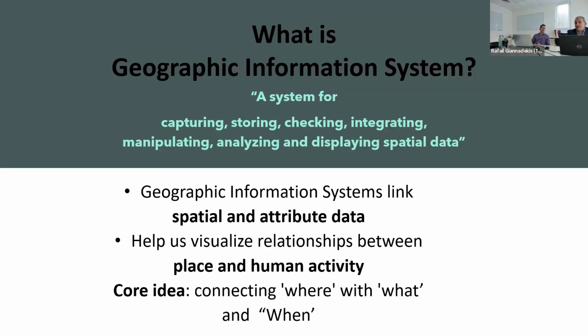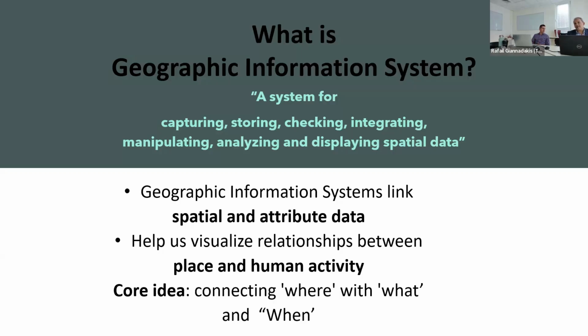When an event happens, if we are talking about a specific event that happened in a specific place. So we understand that on a map we have the where. So we can connect it in GIS with what? What may be, for example, the birthplace of a philosopher.